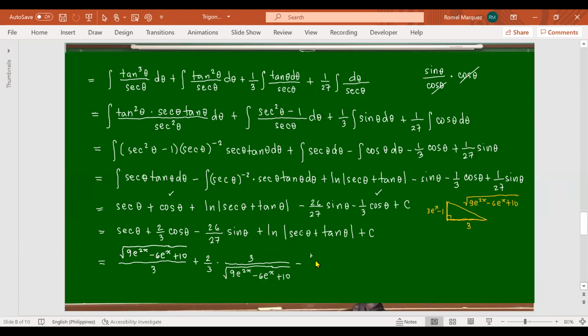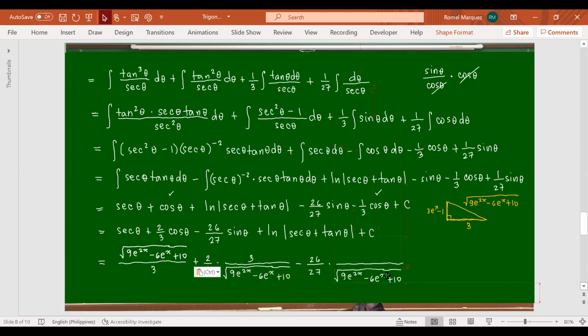Minus 26 over 27 times, that is sine, no? Opposite over this radical. Copy. Put the radical here.